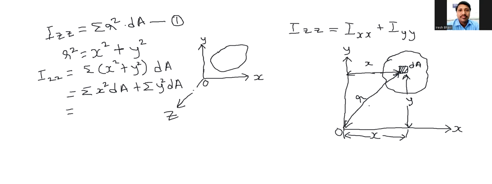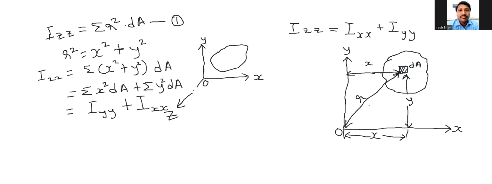Now what is the summation of x square dA? It is the moment of inertia of the area about the y-axis, so this is Iyy. And the summation of y square dA is the moment of inertia of the area about the x-axis, so this is Ixx.